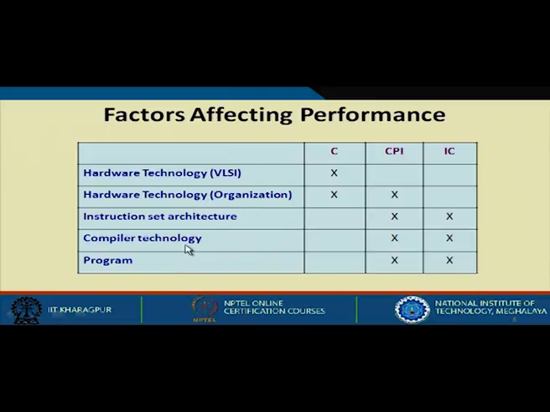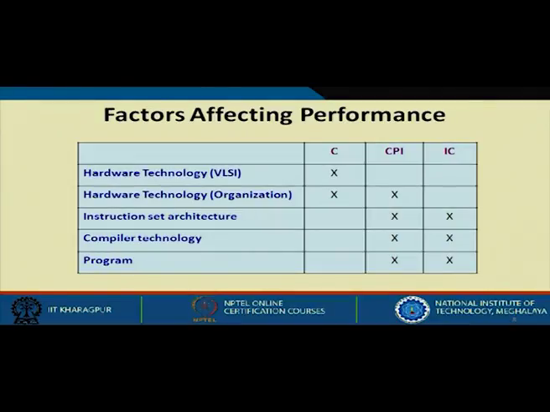Now, the compiler technology. Different compilers can generate different code. For the same program, let us say one compiler takes 10 instructions, another compiler takes 20 instructions. So, this IC varies greatly on the compiler technology used. Nowadays compilers are becoming more and more intelligent, and they go hand in hand with the hardware.